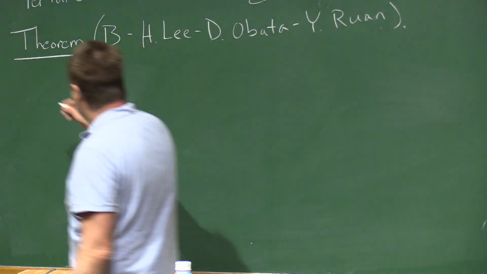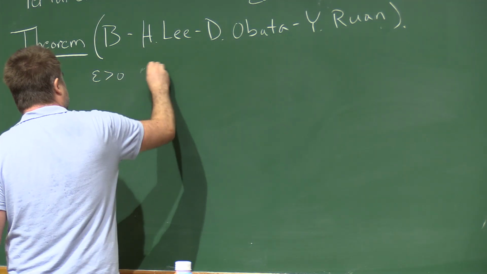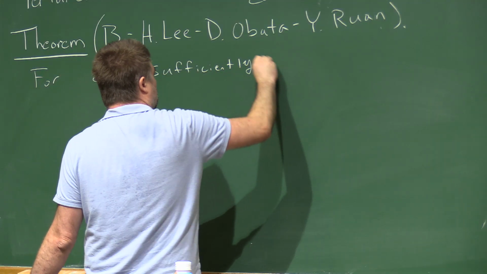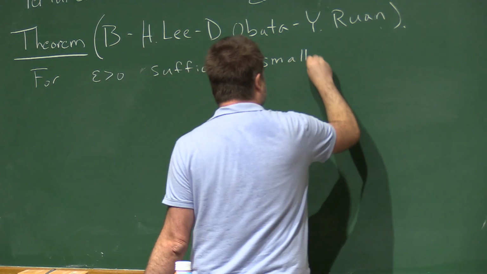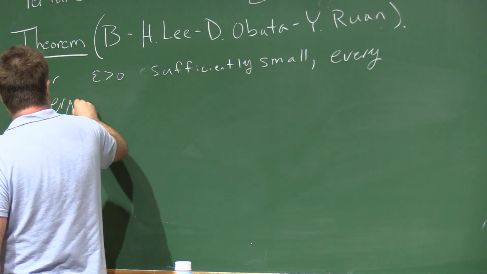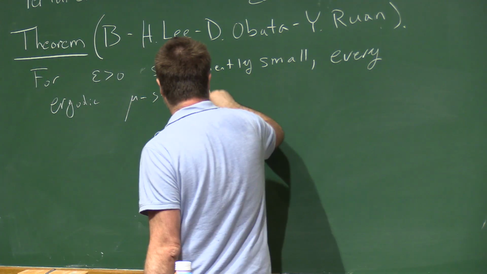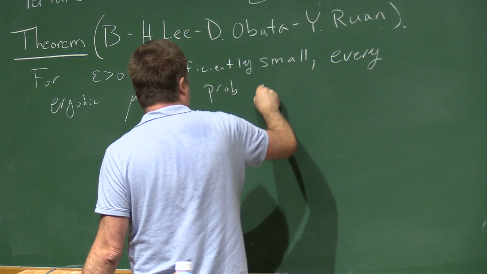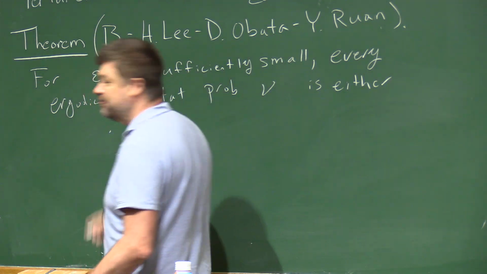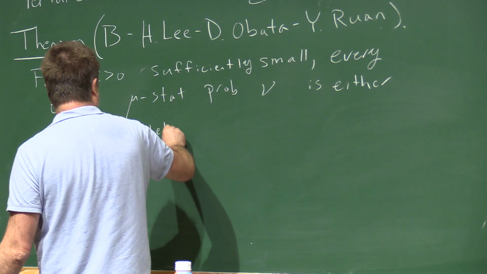And so again, for epsilon positive, but still sufficiently small, every ergodic mu stationary probability measure, I'll call it nu, is either, so we could still have potentially some finite sets for this group action, finitely supported.